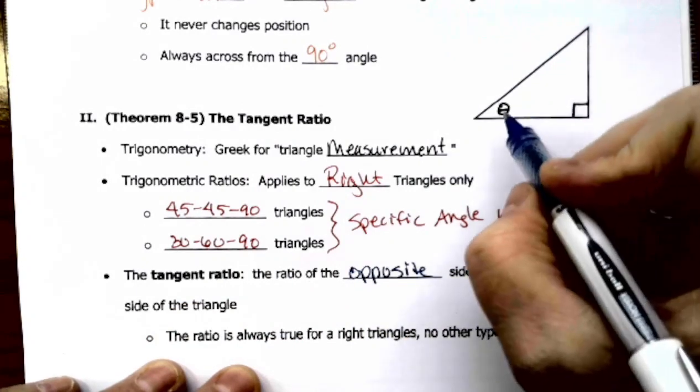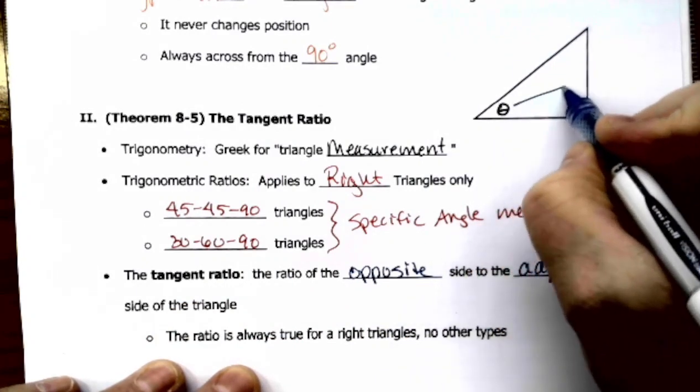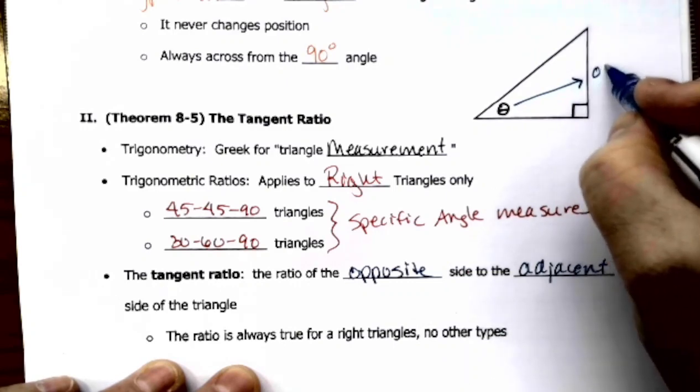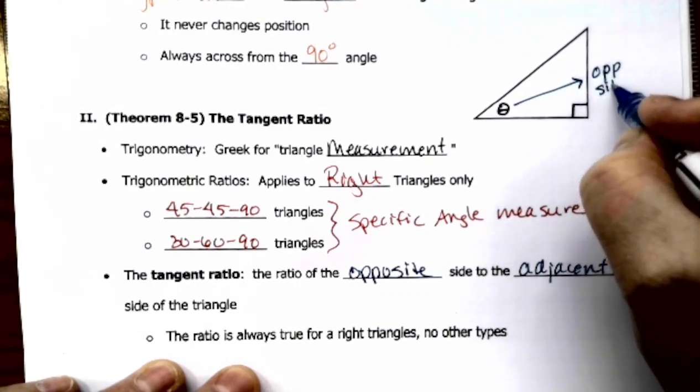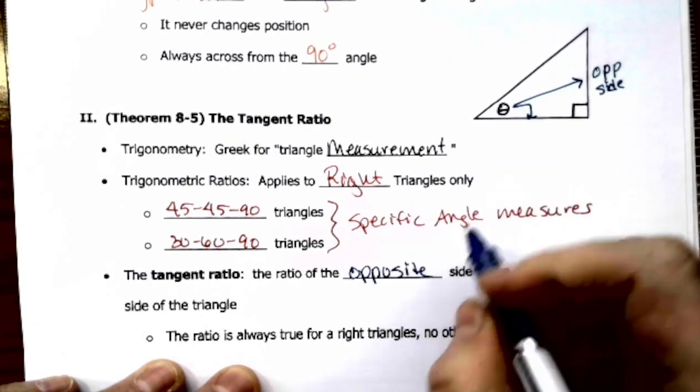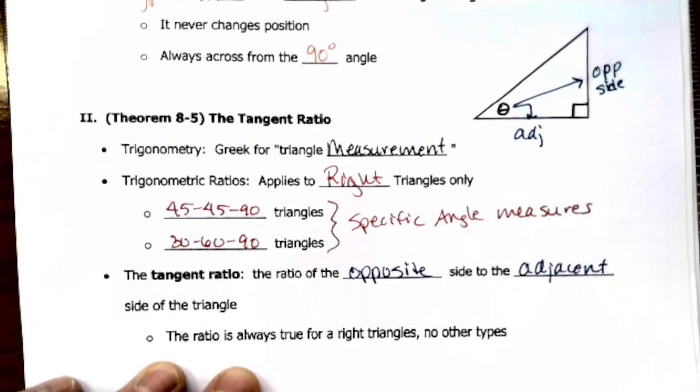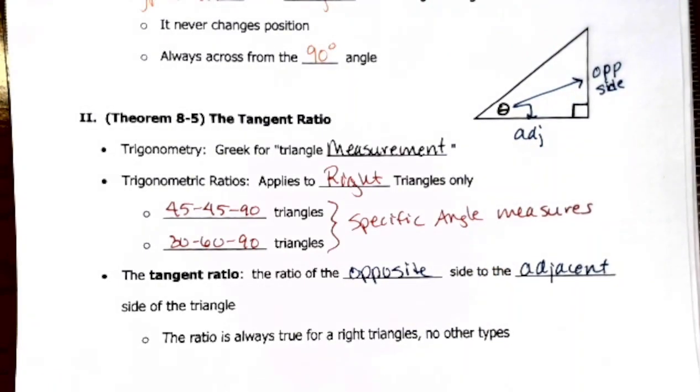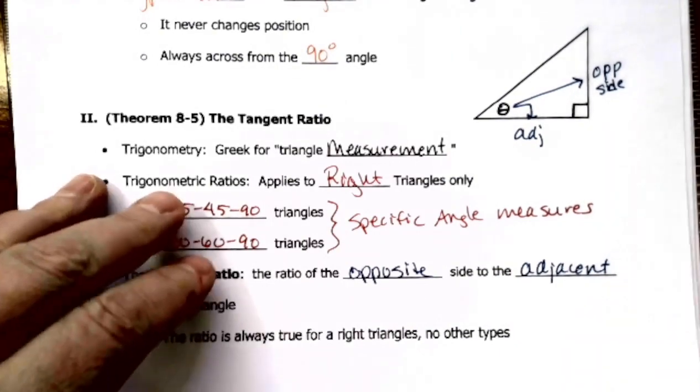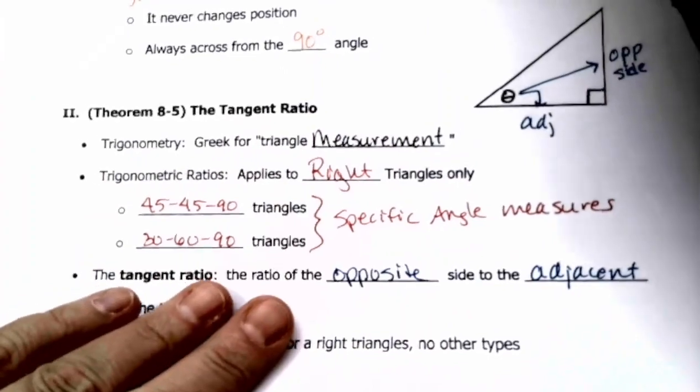So looking at our picture, if we're sitting on theta, the tangent is the ratio of the opposite side over the adjacent side. This again is true for all types of right triangles, but not triangles that are not right triangles. Okay, flipping the page.